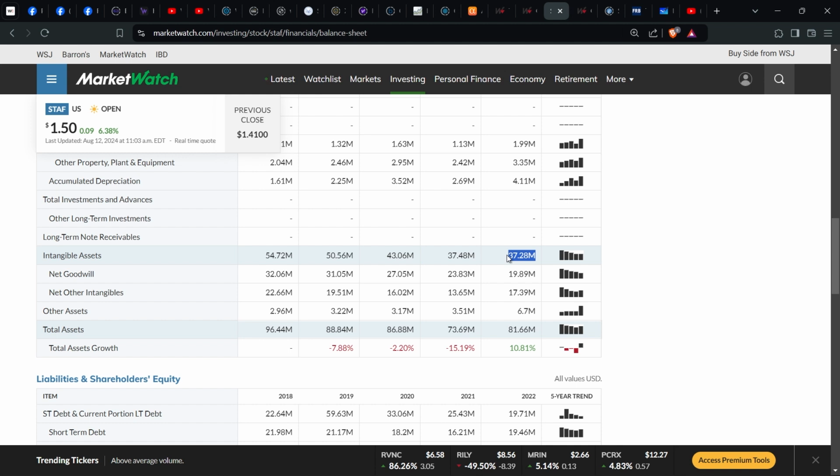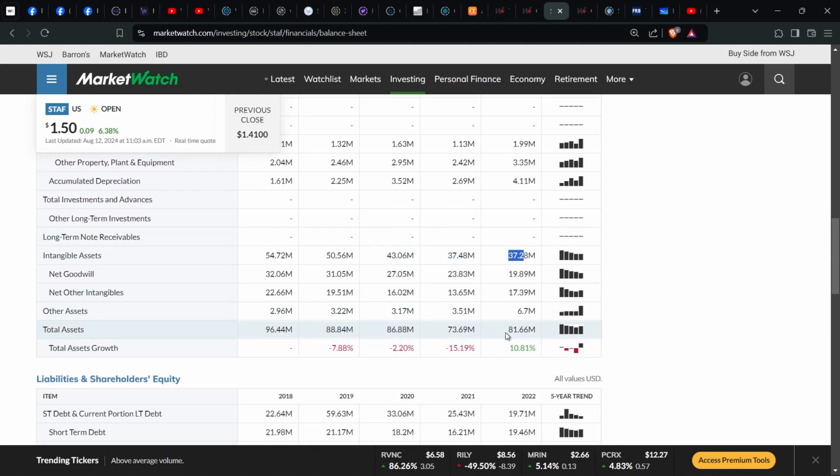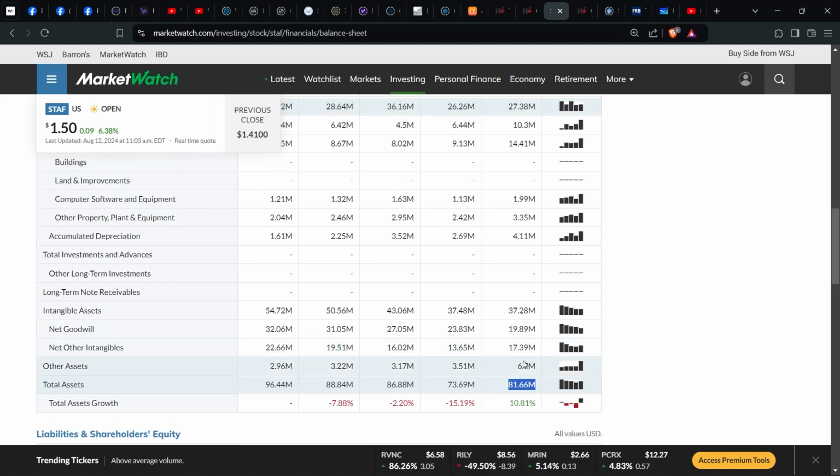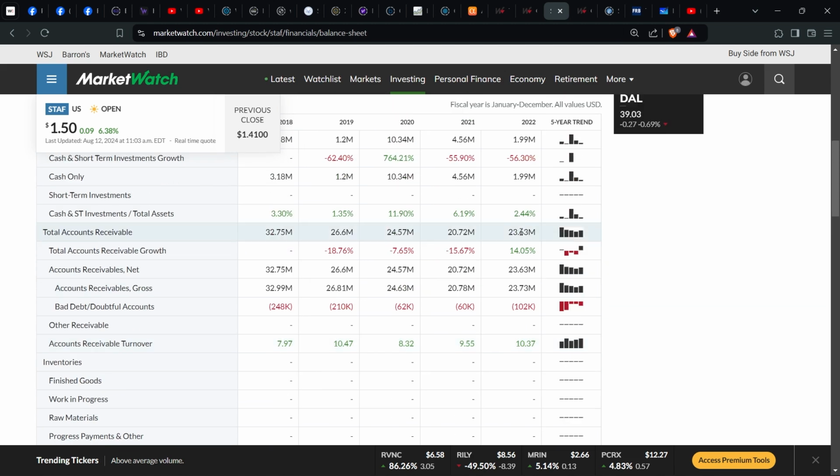So that's why with some companies like these small ones, you need to monitor them on this part, the intangible assets. If it's too much, like this is almost 50% of total assets, that's not a good thing. That one you need to ignore. Okay. And even compare intangible assets to cash and the other items.